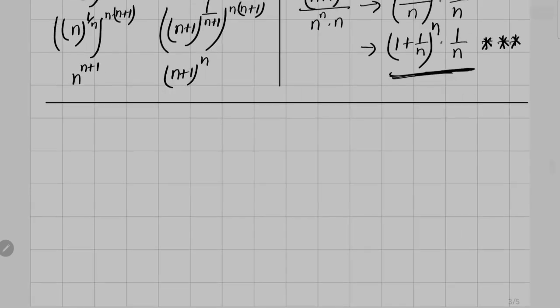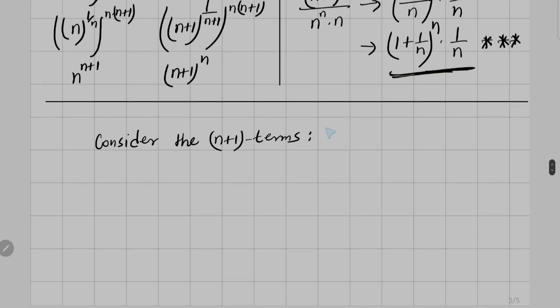Now consider the n+1 terms. The terms are 5/6, 5/6, 5/6, 5/6, 5/6, 5/6, 1, 1, 1, and so on up to 1.